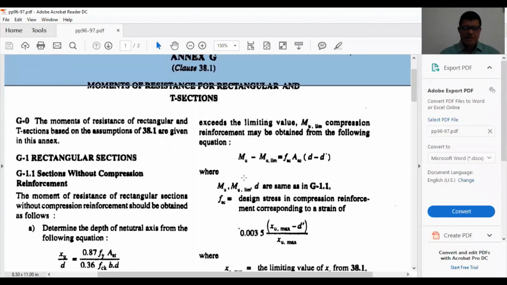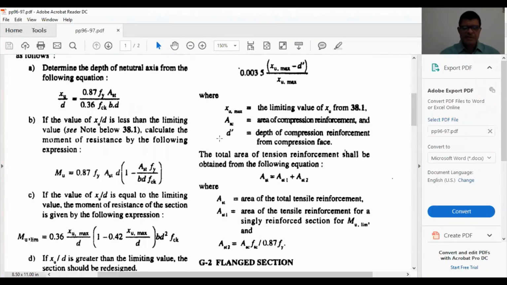In the code, in Annexure G, you will see what is given: the maximum moment, the limiting moment of the single reinforced section. MU limiting is equal to 0.36 XU maximum by d, into 1 minus 0.42 XU maximum by d, into b d square fck. This XU maximum by d value is known to you, even on page number 70, for different grades of steel. Put the value to find the MU limiting of a single reinforced section.